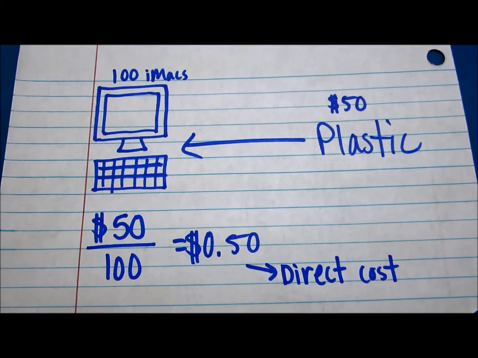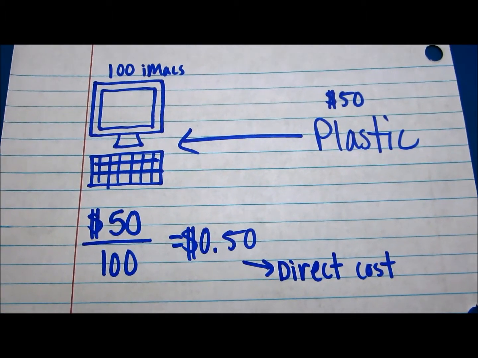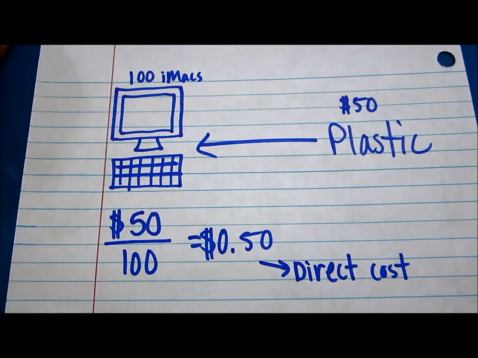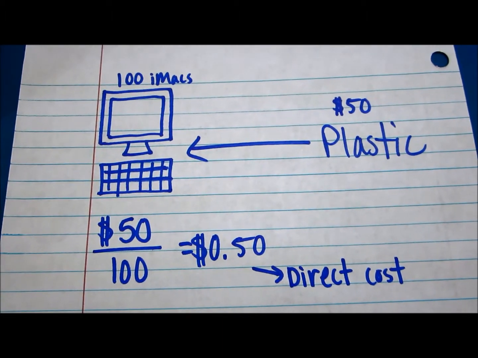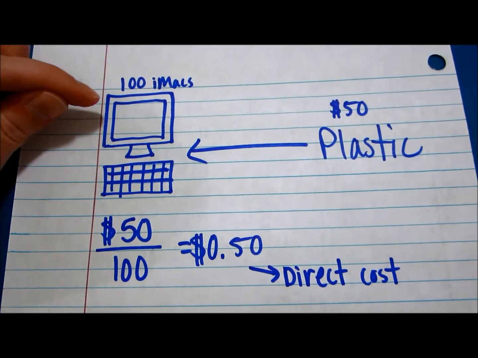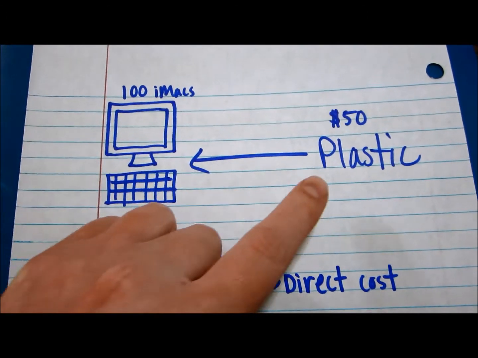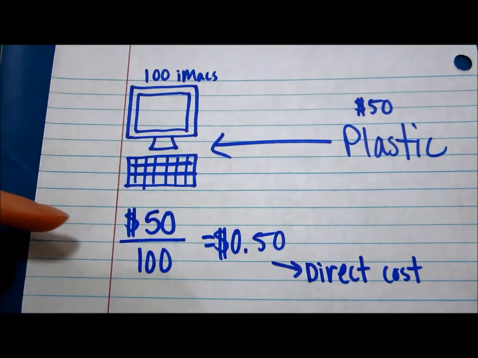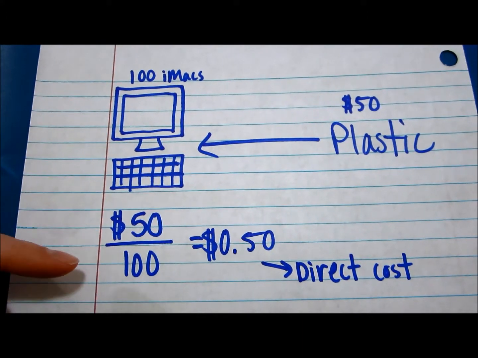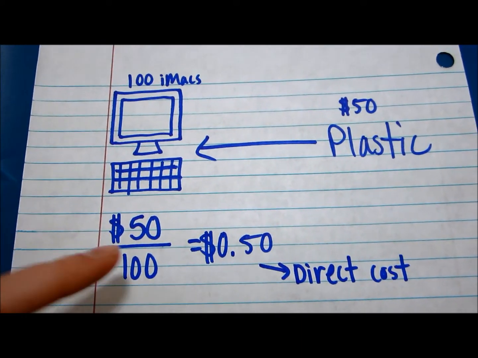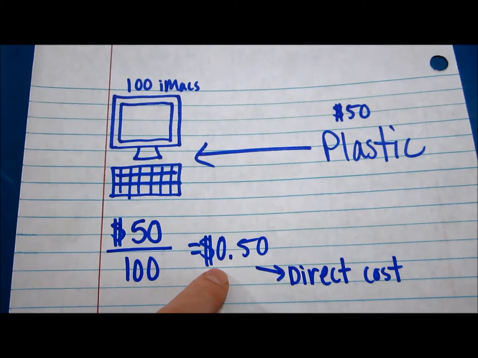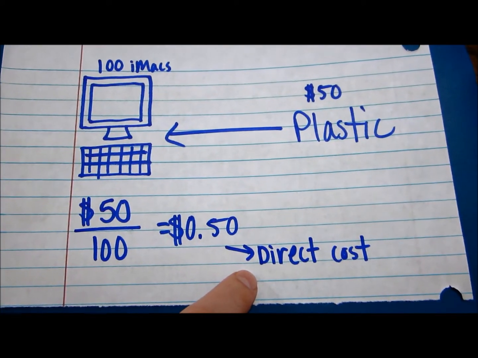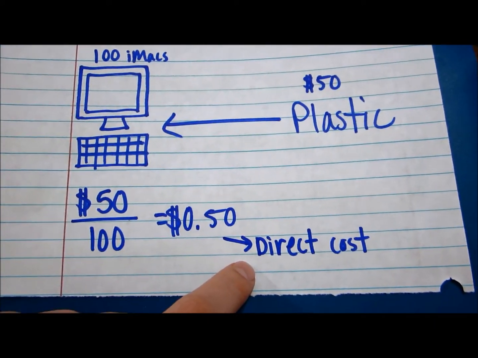So I made a diagram to illustrate the direct cost and how it can be traced back directly to one iMac. So say we have 100 iMacs and $50 of plastic goes into making those 100 iMacs. So if we divide the $50 by the 100 iMacs, that'll give us 50 cents per iMac, which is the direct cost related to a single iMac.